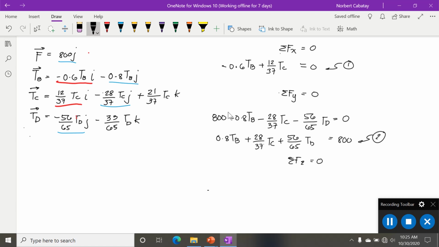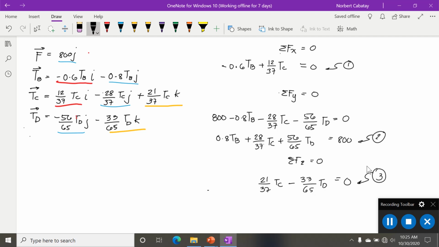So lahat naman ng may k na sa z-axis. So sino mga yon? So ito at ito. So therefore, you have 21 over 37 T sub C minus 33 over 65 T sub D is equal to 0. Your equation number 3.